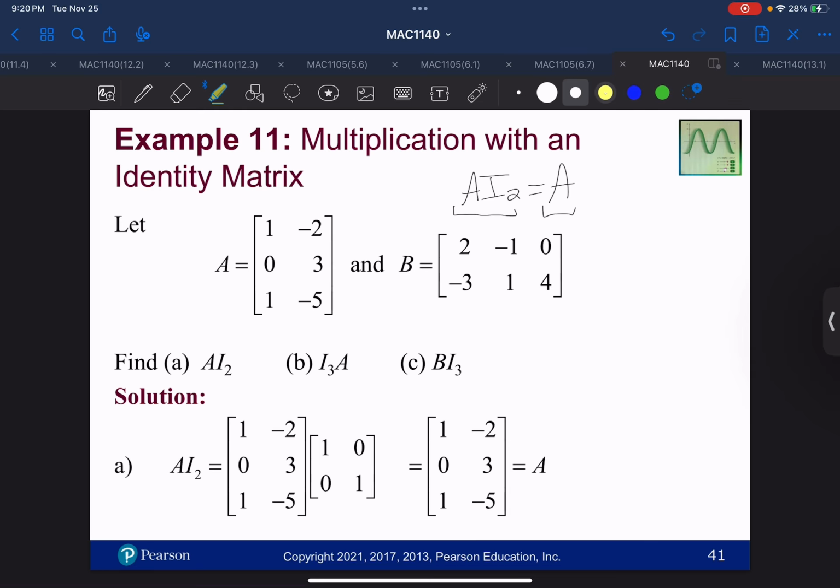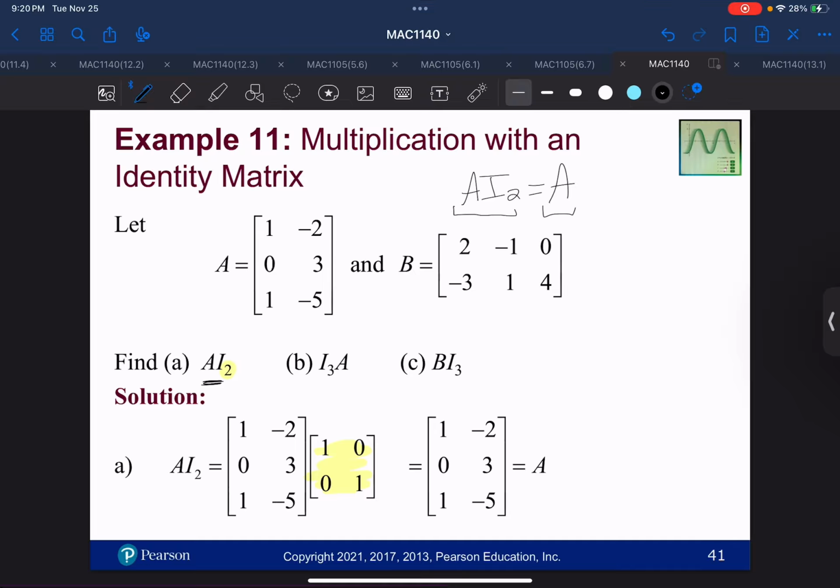In this example, they're giving us two matrices, A and B, and they want us to find A times the identity matrix of a 2 by 2 matrix, which is this matrix right here. So I sub 2 means the 2 by 2 identity matrix, I should say.